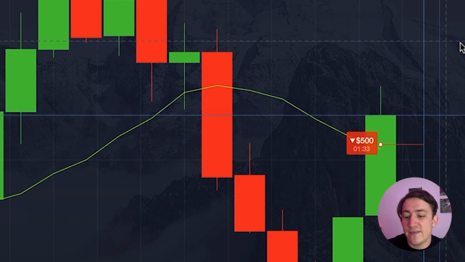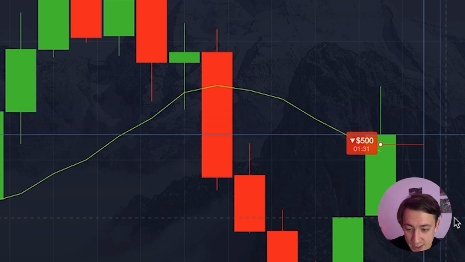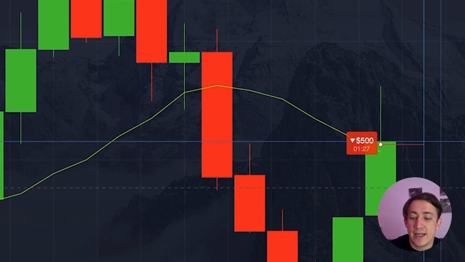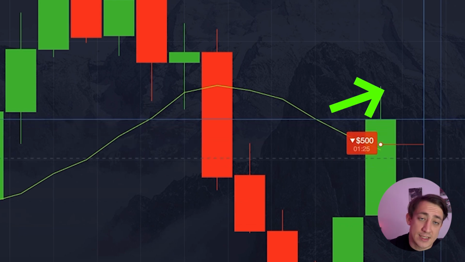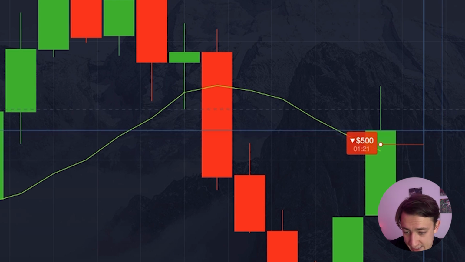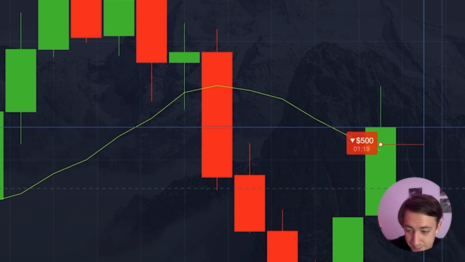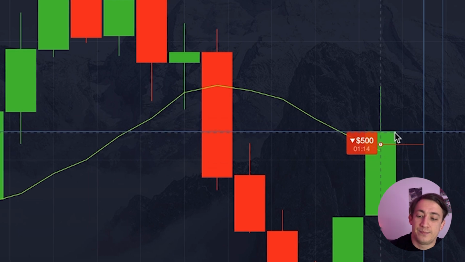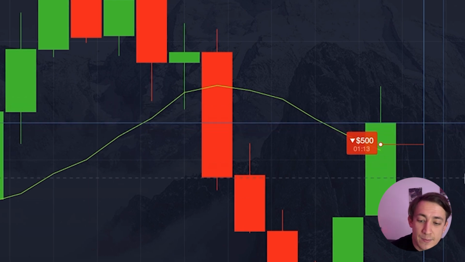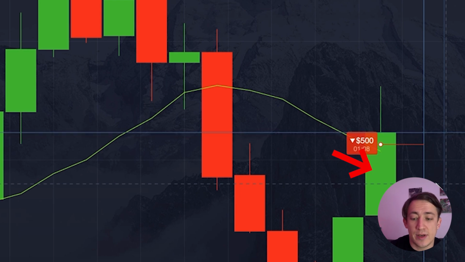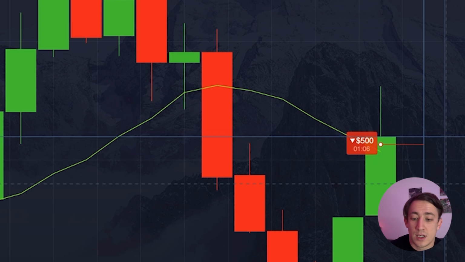If that curve line is directed to the upper position, that's the signal to enter the upper zone. And so in our case, we can see that the green curve line is directed to the down position, and it's the signal to enter in the downward direction.